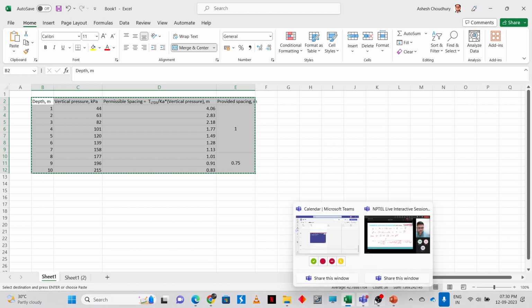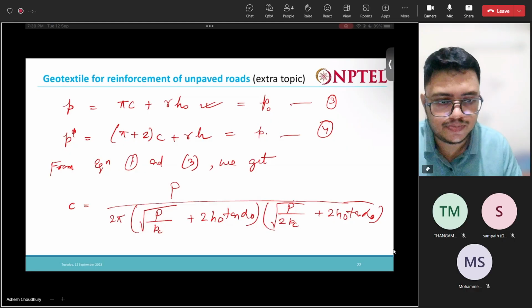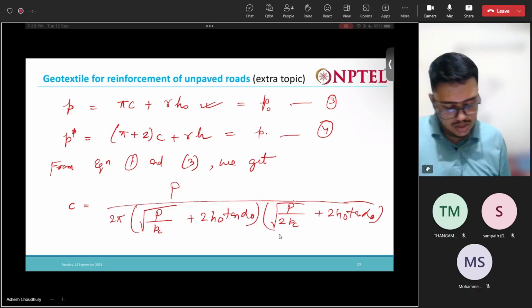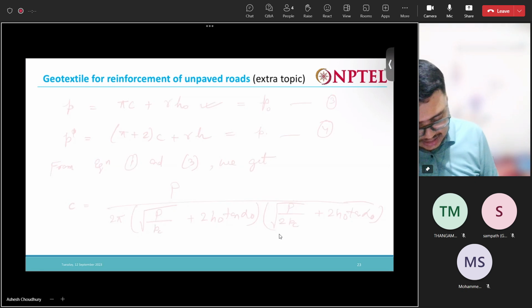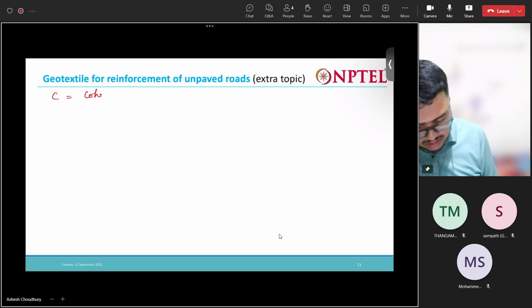All right, so let us define the terms. What is C? C is the cohesion of soil. What is capital P? Axle load. What is PC?